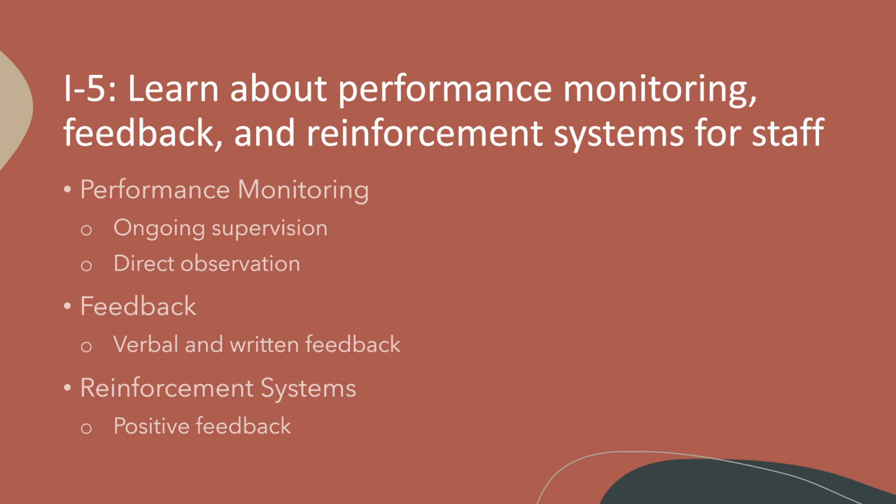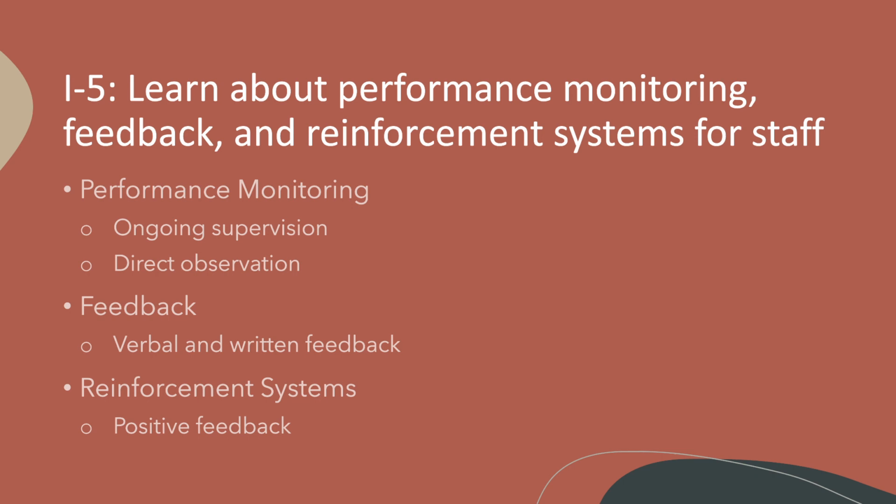I5, learn about performance monitoring, feedback, and reinforcement systems for staff. Performance monitoring. Staff performance was monitored through ongoing supervision and direct observation. RBTs were observed during the implementation of the intervention.